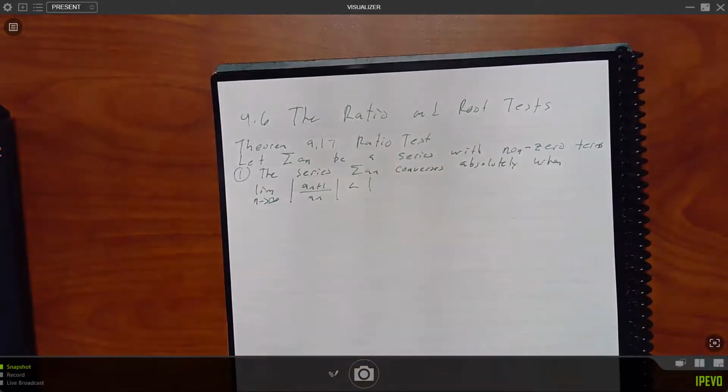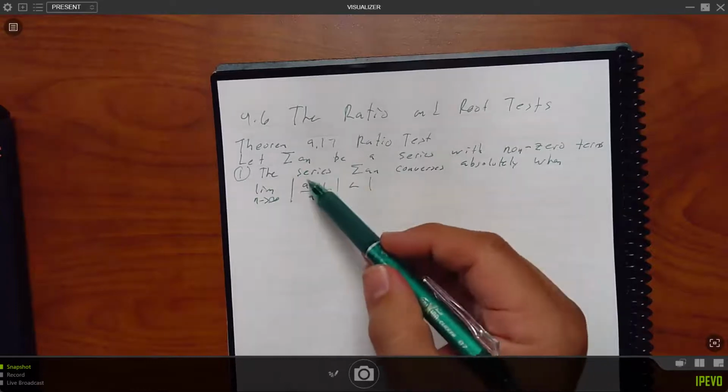So you have a series, you take the sequence term, add plus 1, divide by the original, and then you take a limit. If that limit is below 1, then it's absolutely convergent because it also has a built-in absolute value.